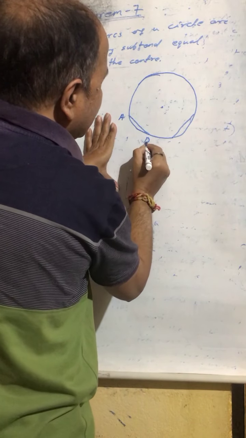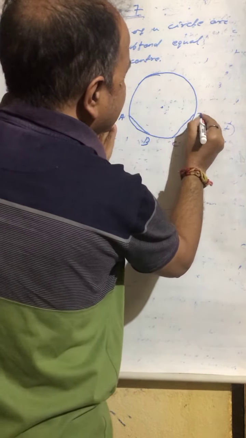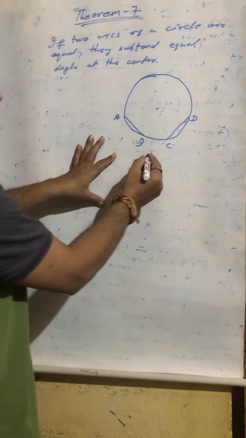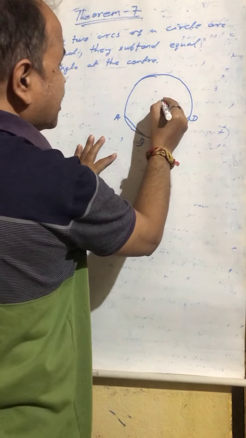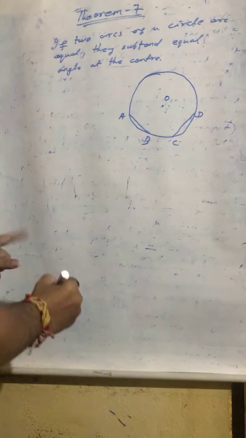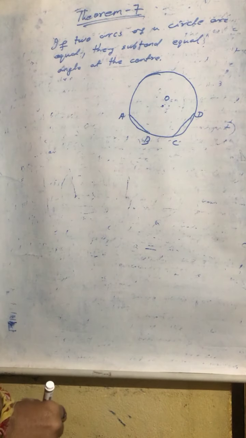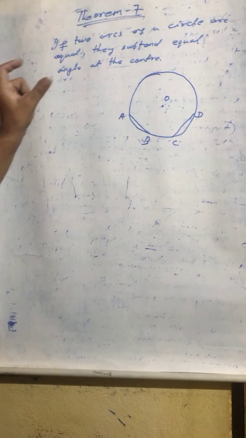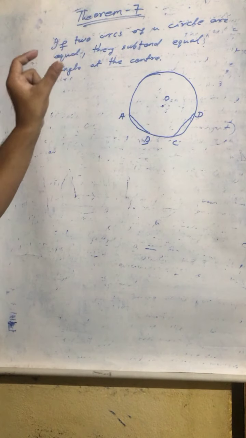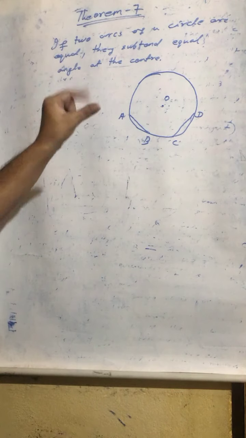A, B, C, D. Let AB and CD be two arcs of a circle with center O. It is given that two arcs of a circle are equal. If two arcs of a circle are equal, they subtend equal angles at the center.